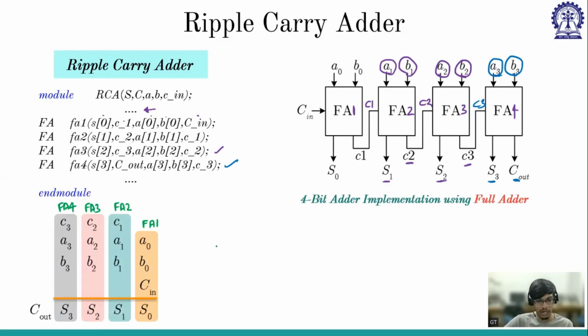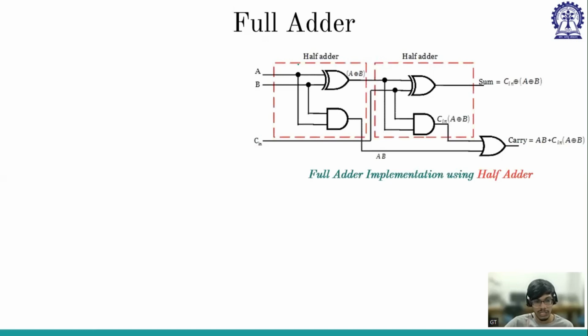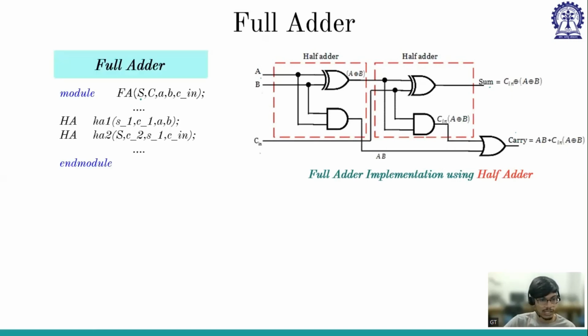Now I'll define the full adder using 2 half adders. So this is a full adder with A input, B input, C input, output to be sum as well as carry, using 2 half adders. Input is A, B, C and output S, C. It can be defined using 2 half adders. For the first half adder, output is say S1 and carry is say C1.